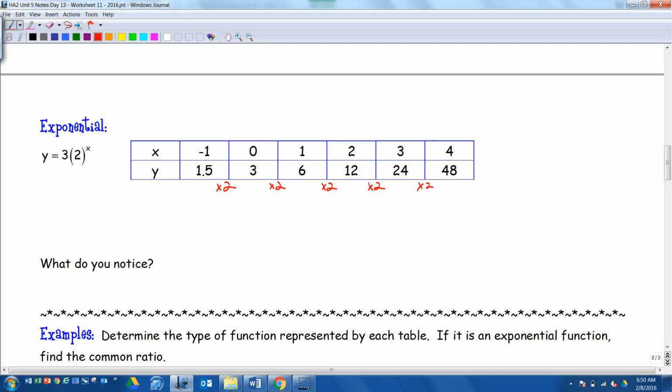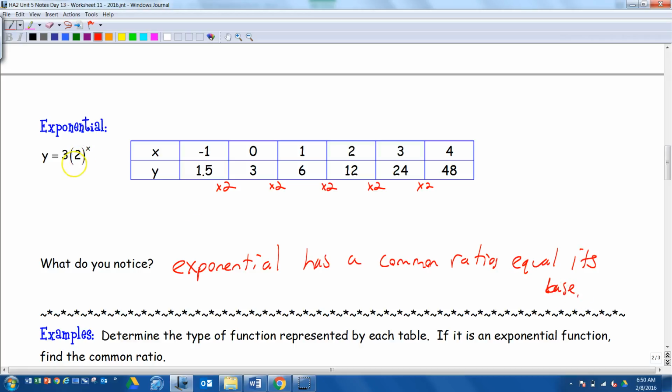So what you notice is that exponential has a common ratio, and that's going to equal its base, because the base number was 2 for the exponent.